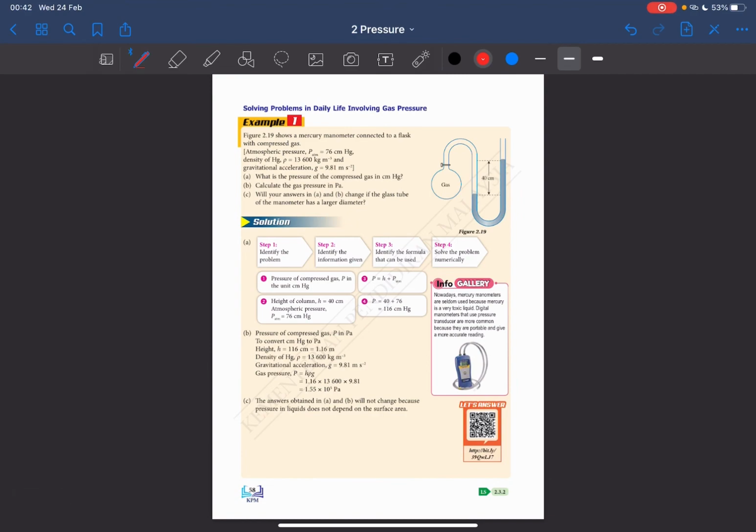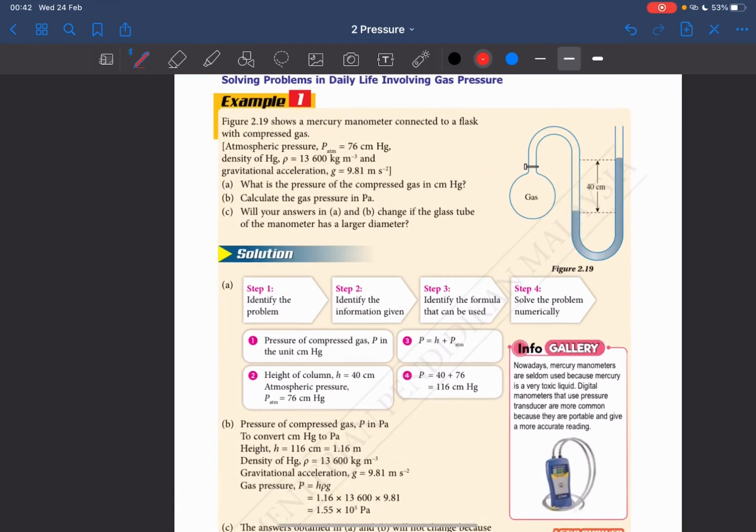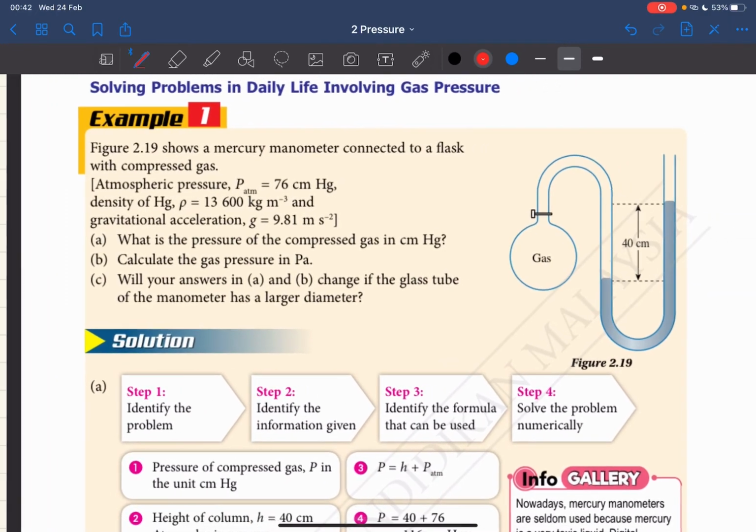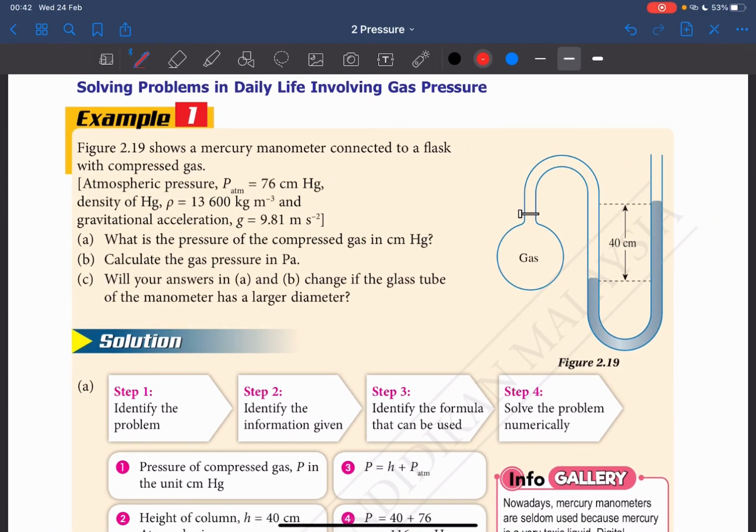This is the thing that I've been telling you. So, here's a mercury manometer. What is the pressure of the compressed gas in cmHg? So, you can just look at the figure. Between gas and atmosphere, which one is stronger? Gas. Why? Because it pushed 40 cm of mercury.